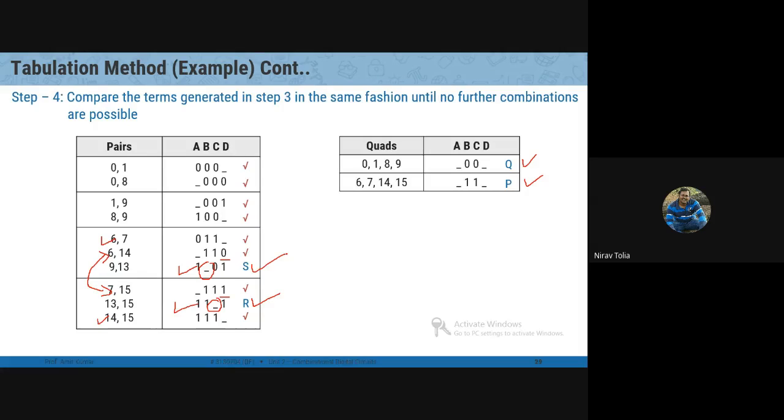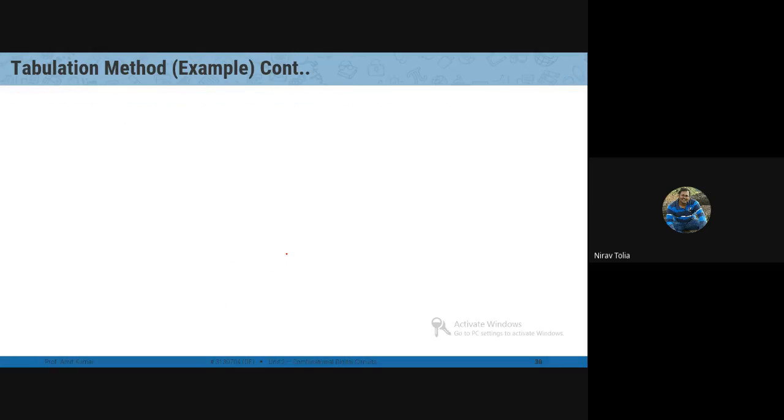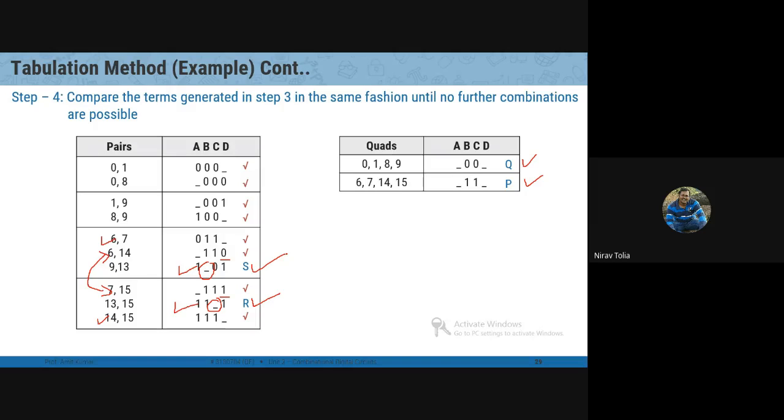Now we have step number 5 also, but we end this at step 4 today. Tomorrow we will check step 5 and also solve another example of the tabulation method, because I do not have more time for step number 5.